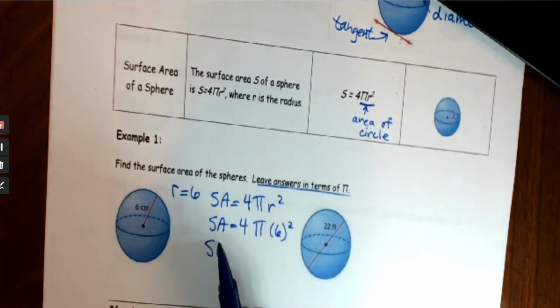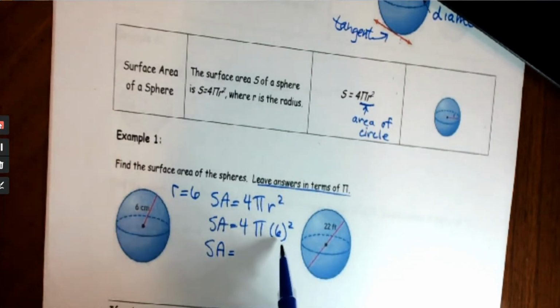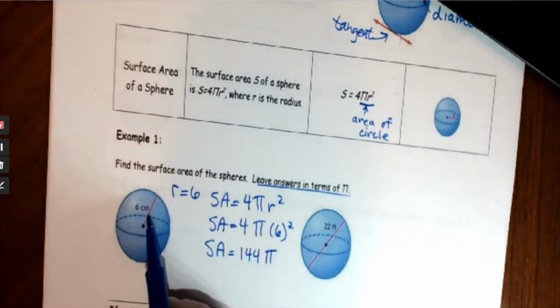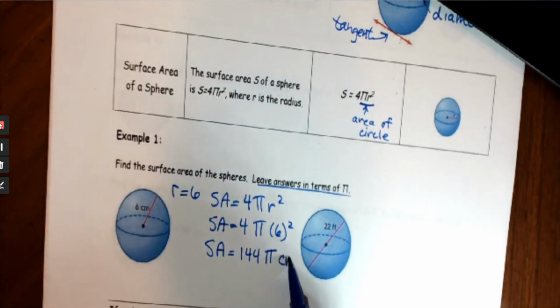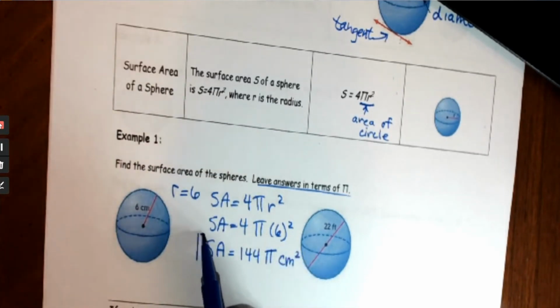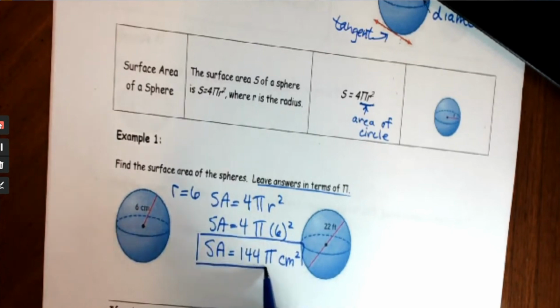So what we're going to do is plug into our calculator 4 times 6 squared, and we get 144 pi. Our units here were centimeters, and since we're talking about area, that's centimeters squared. So the surface area of this sphere is 144 pi centimeters squared.